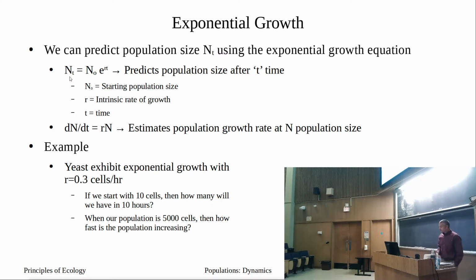What is little r? What was the name for that? Malthusian parameter is one. What else? The intrinsic rate of growth. That's probably the one that you'll mostly see.